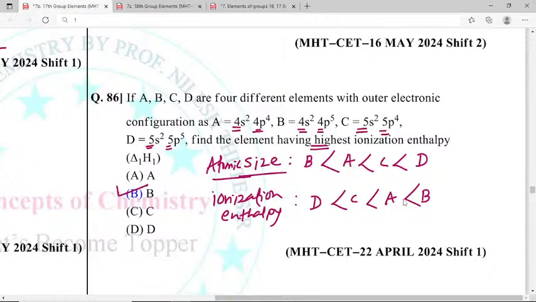So I order it according to atomic size, and atomic size and ionization enthalpy are inversely proportional. So B has the highest ionization enthalpy and D has the lowest. Very good.